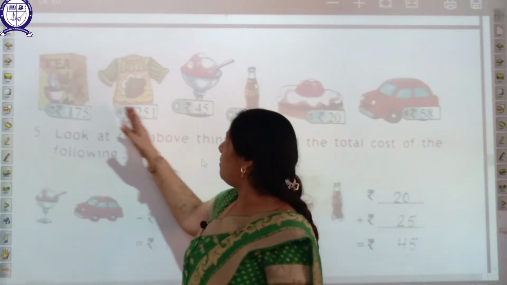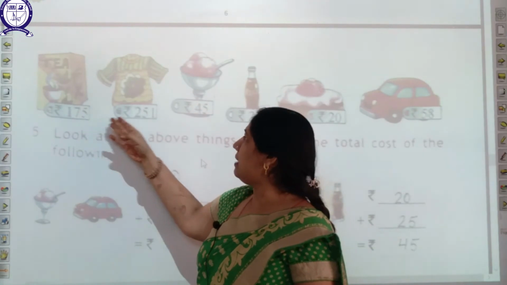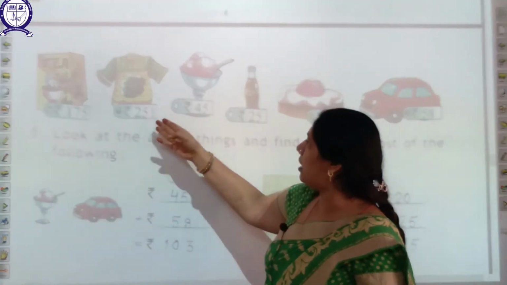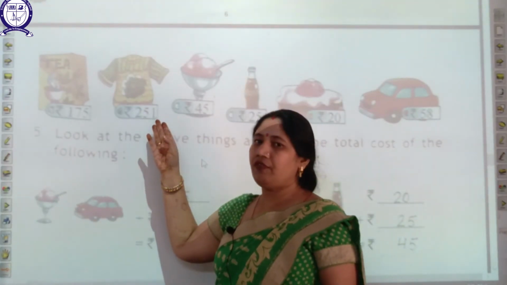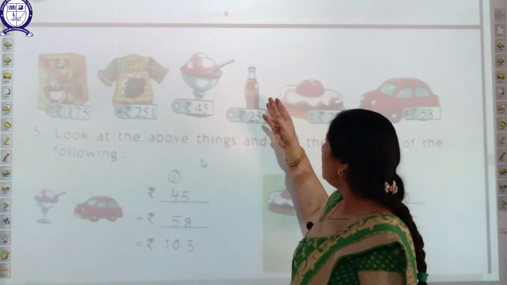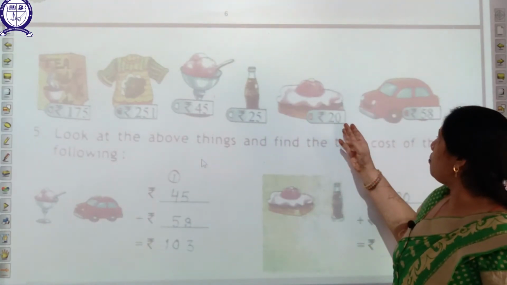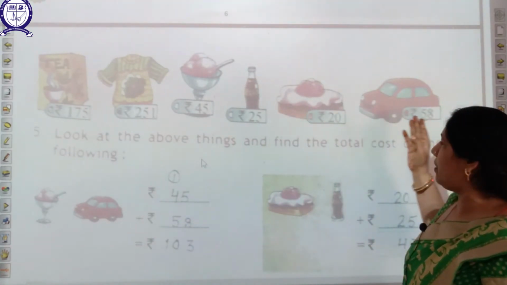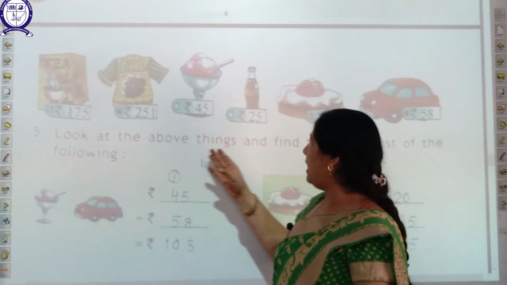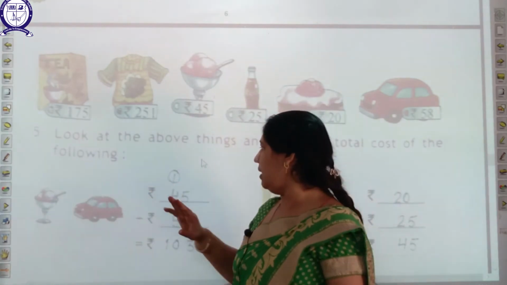We have been given some items. The tea 175 rupees, t-shirt 251 rupees, ice cream 45 rupees, cola 25 rupees, pastry 20 rupees, and a toy car 58 rupees. Look at the above things and find the total cost of the following.